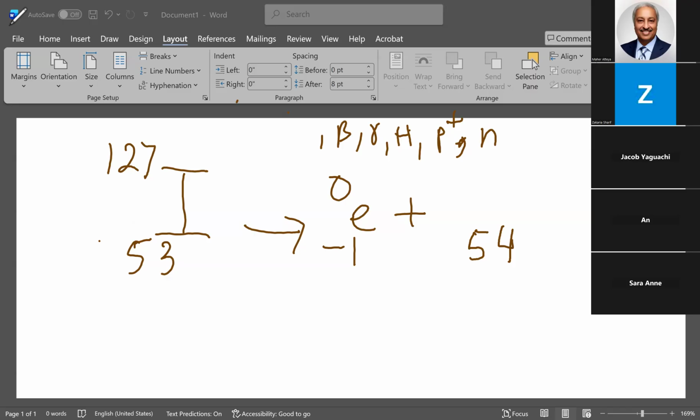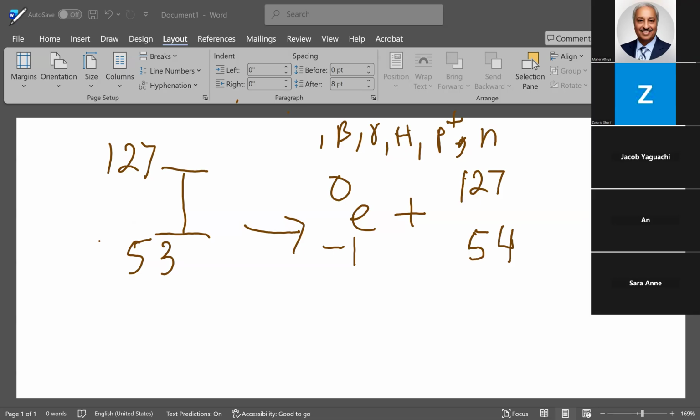If you add 54 minus 1, will be 53. What's the atomic mass? The atomic number is 54. Atomic mass is 127, no change.